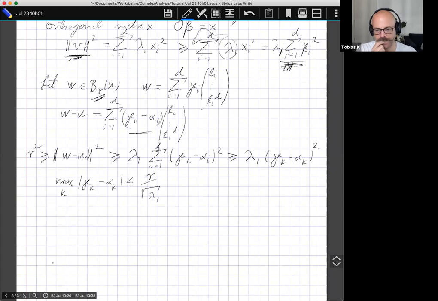Why do I want to do that? I want to show that W is an element of U, and that means W has the form of the sum of gamma i L i to L i to the d, and these gamma i here are strictly positive.